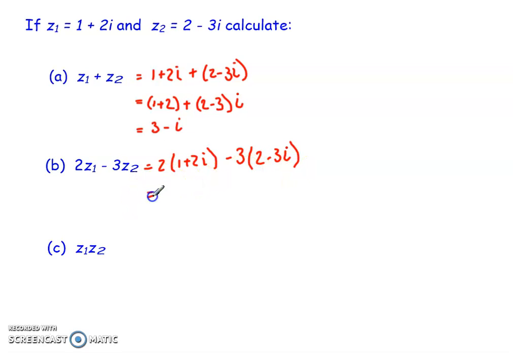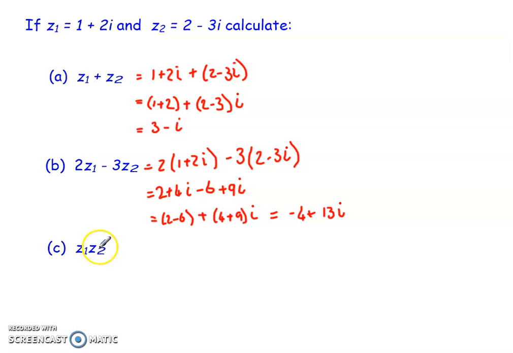Multiplying all these out, I get 2 plus 4i, take away 6, plus 9i. And then it's just the same as before. Group the reals, group the imaginaries, simplify it from there. So I've got 2 take away 6 from my real part, then plus 4, plus 9 from my imaginary. Simplifying those, I get negative 4 plus 13i.